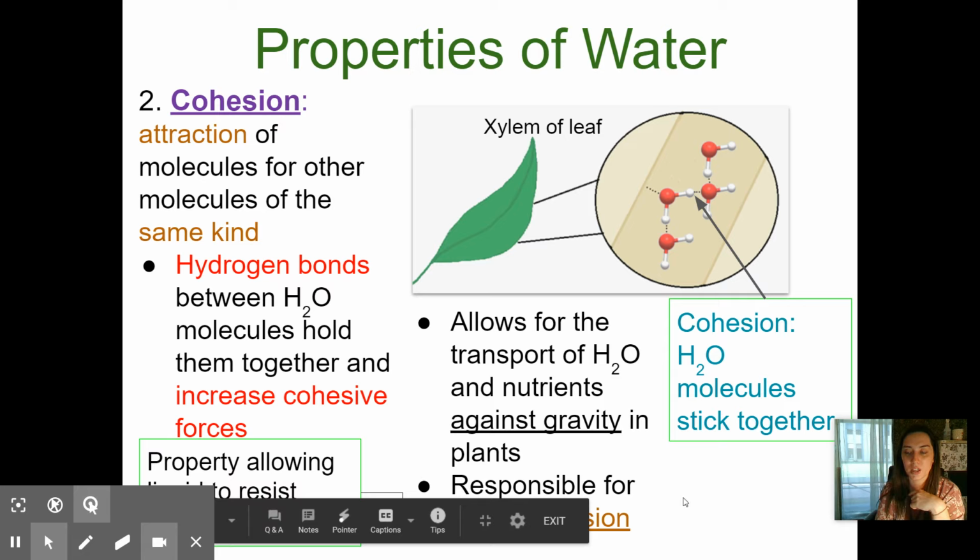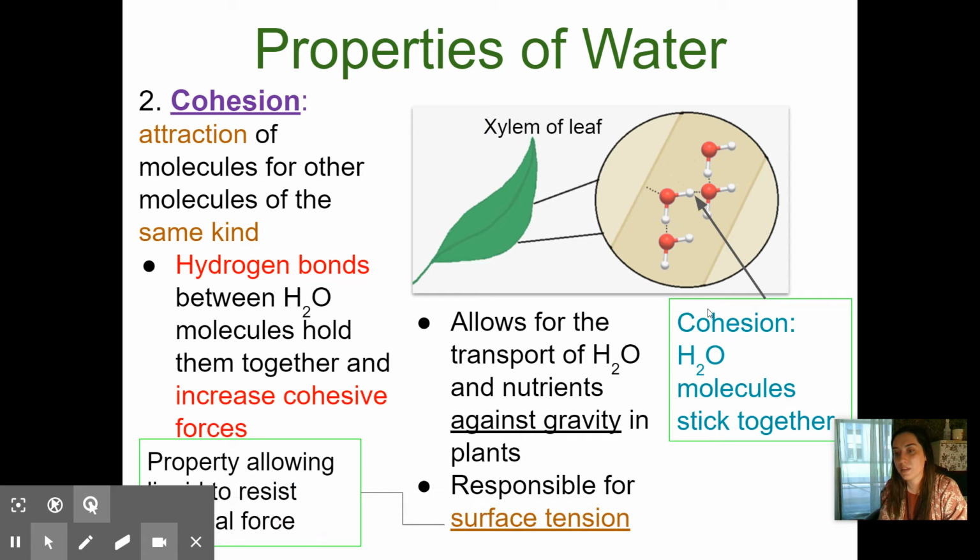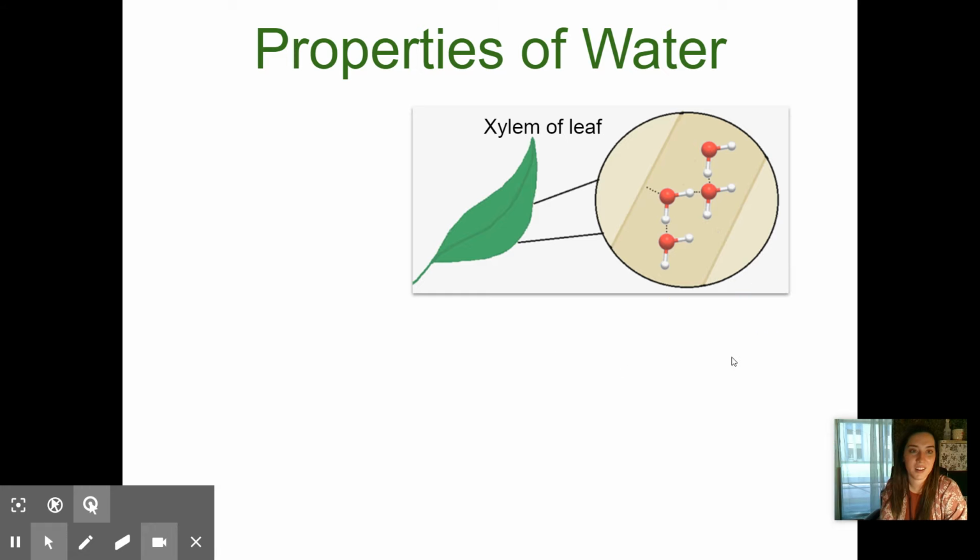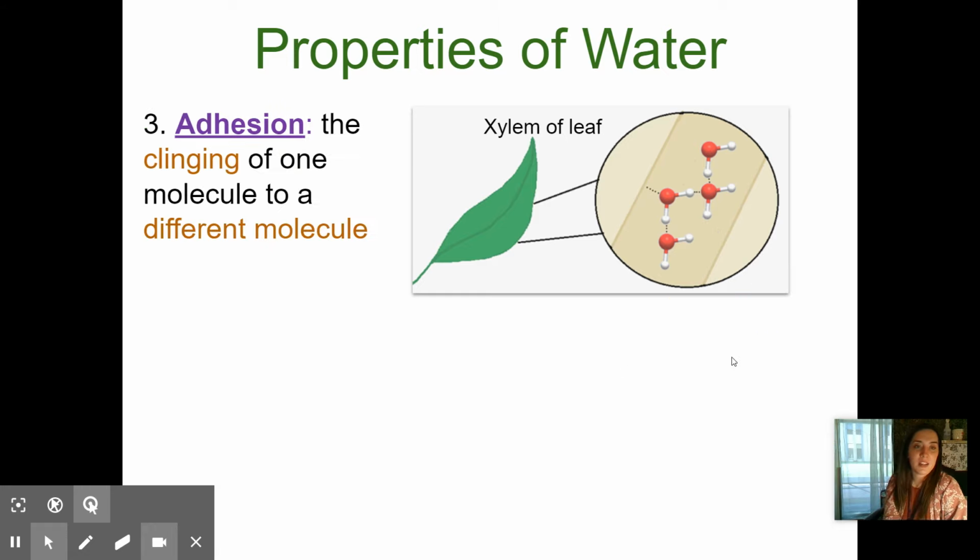So that is surface tension. But cohesion essentially is when water molecules stick together. And think about it, co means together. They're sticking together.